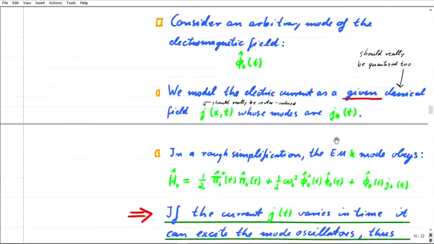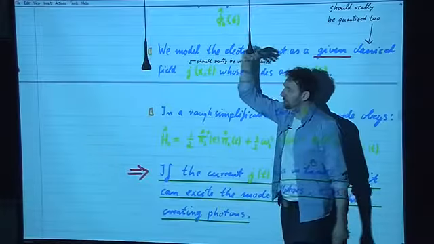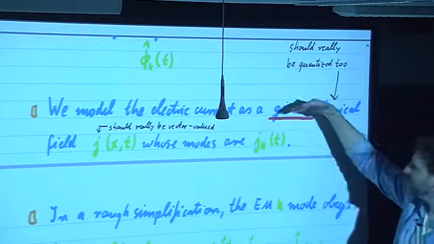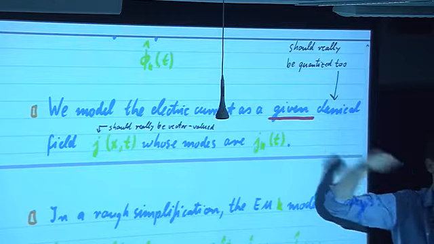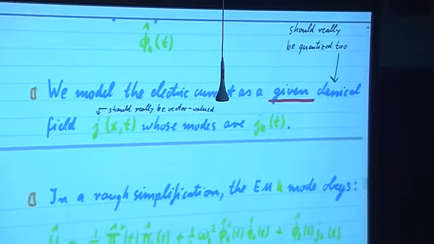So the idea is that the k-mode oscillator is going to be excited by the j k component of the current. See, if you want to excite an electromagnetic wave of particular wave vector k and therefore corresponding energy, well, it's the current in the antenna that has the same frequency that is going to excite that electromagnetic mode.